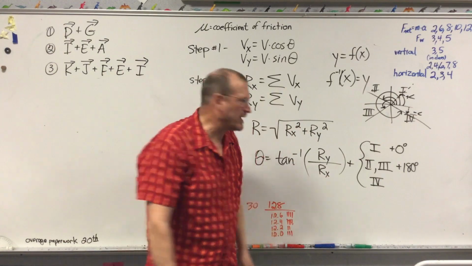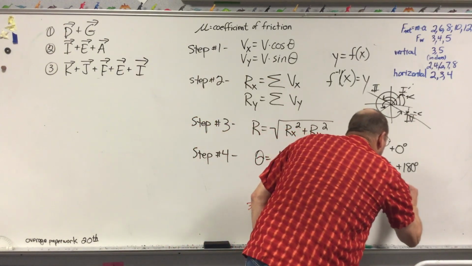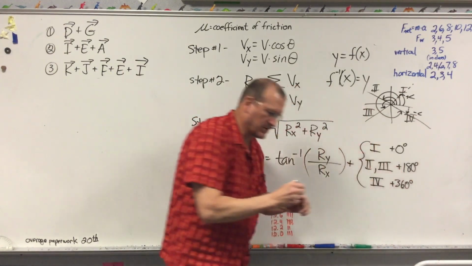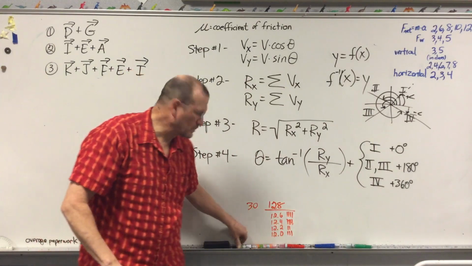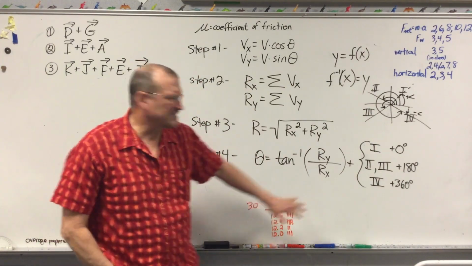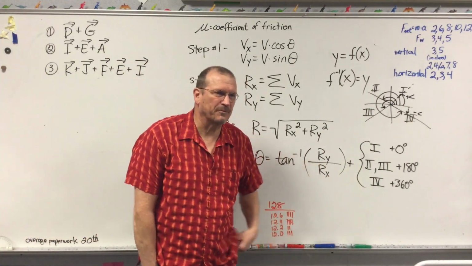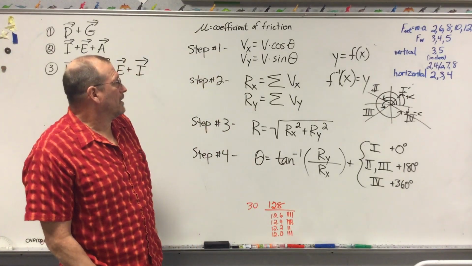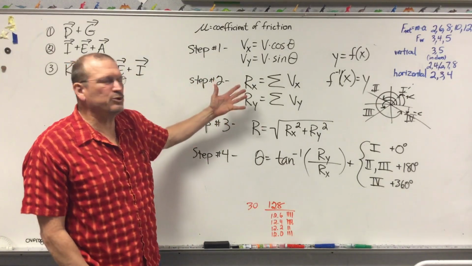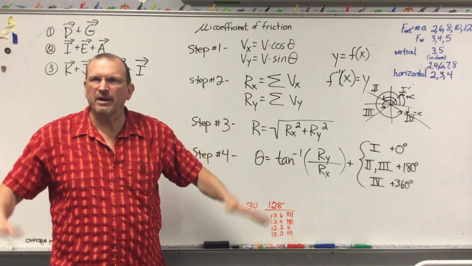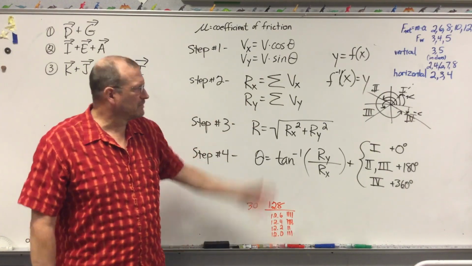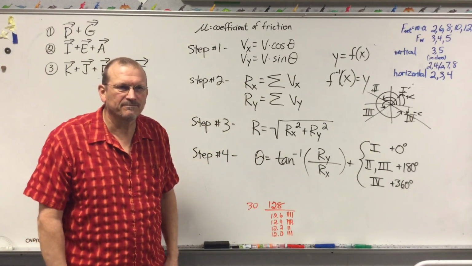Add 360. You add 360. Okay? So that's the last little step here. So everything you need to do a straight up add a bunch of vectors for me, it's all right here.